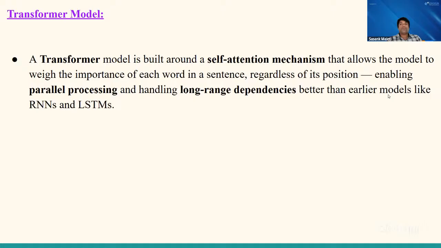To talk about transformers, the one word that comes to mind for me is the self-attention mechanism. It knows what to give importance to and what not to, what the context is, and how to deal with the context in the data.